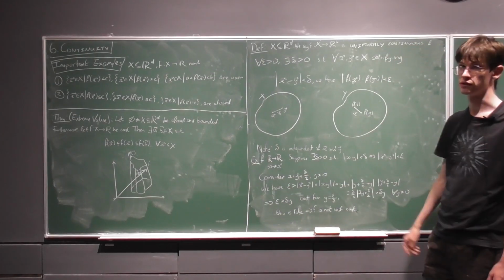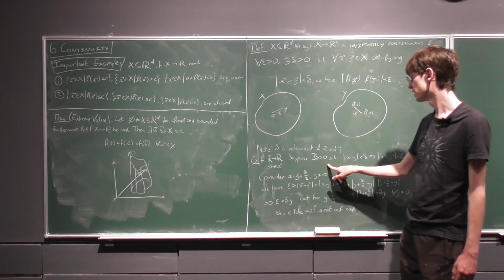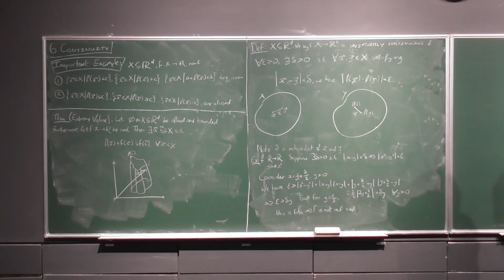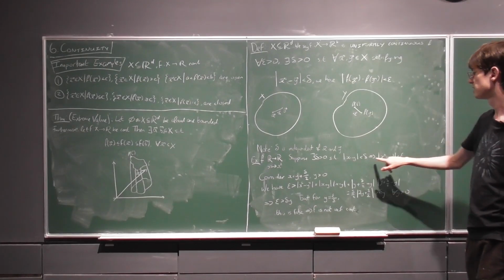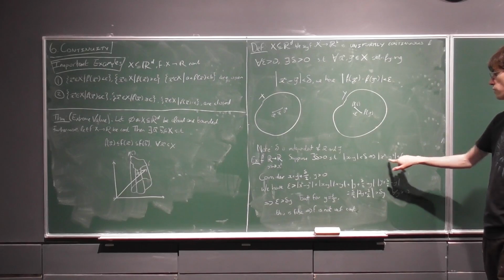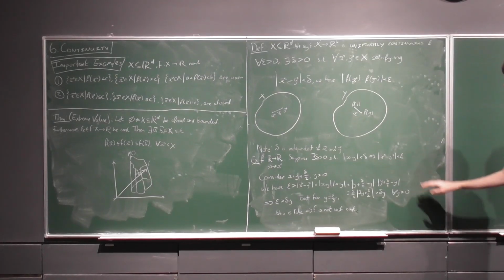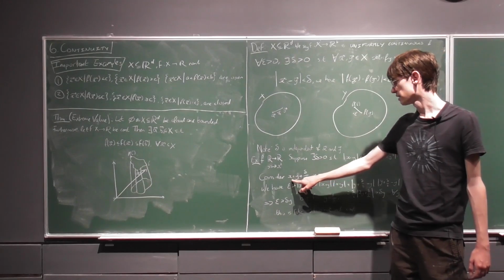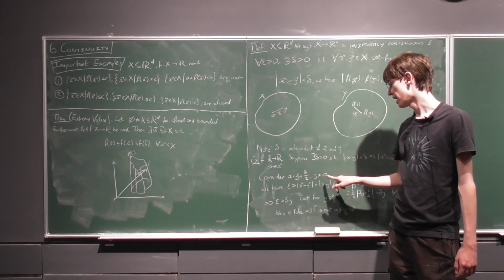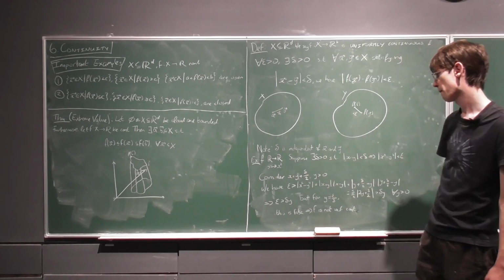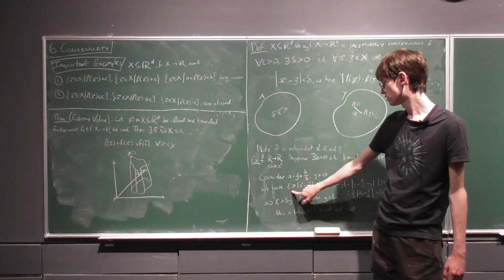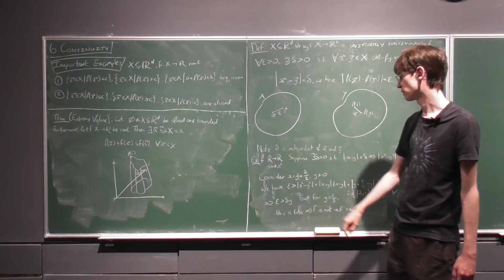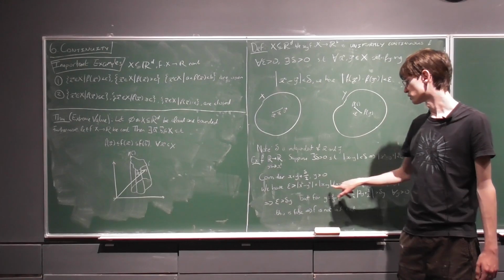So let's say it was uniformly continuous, then we'd be able to find a delta such that this is always true. When 2 points are within a delta, then when we evaluate them under x squared and y squared, they're going to be within an epsilon. Well, we just consider the case where x equals y plus delta over 2, and we'll only take y to be positive. So we want epsilon to be greater than x squared minus y squared, a difference of 2 squares.